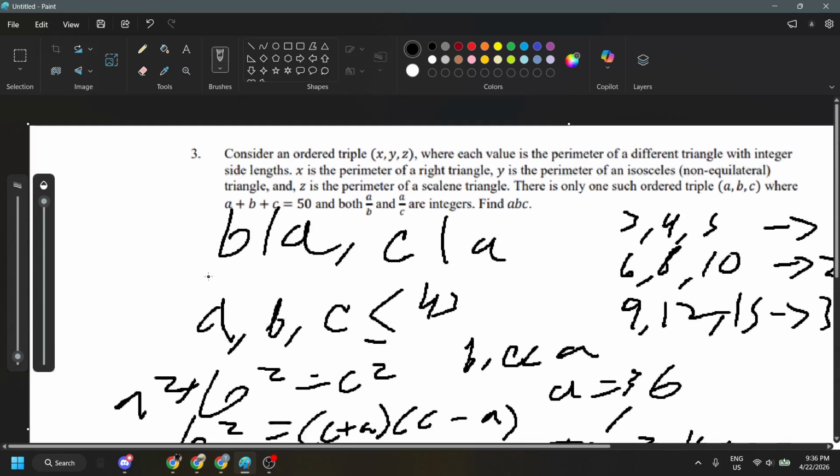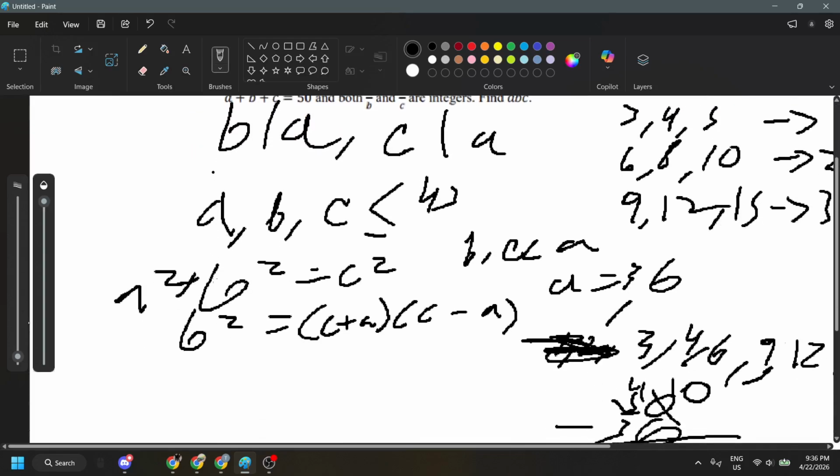So for 25, that's 9 squared, which is 9 times 1. 121 is equal to 1 times 121. That's really large.